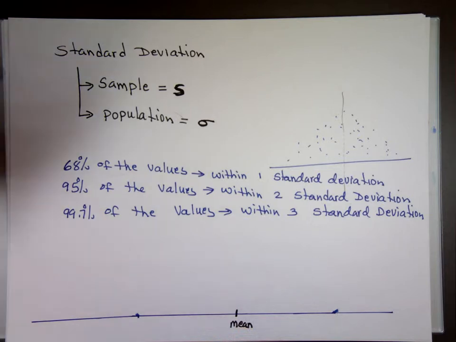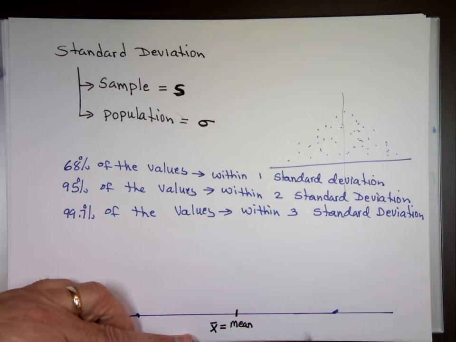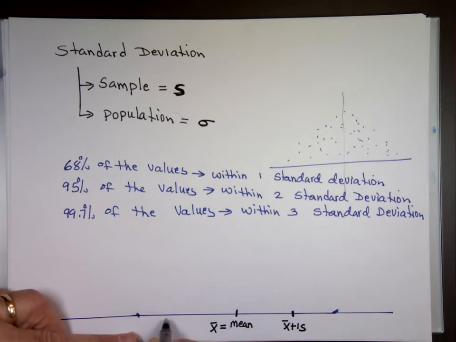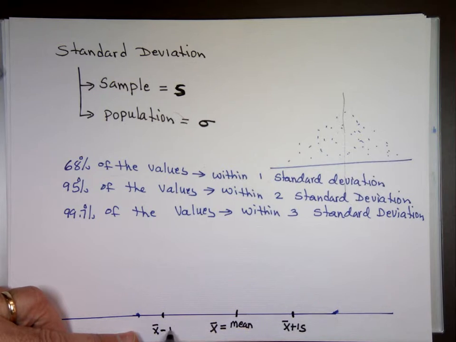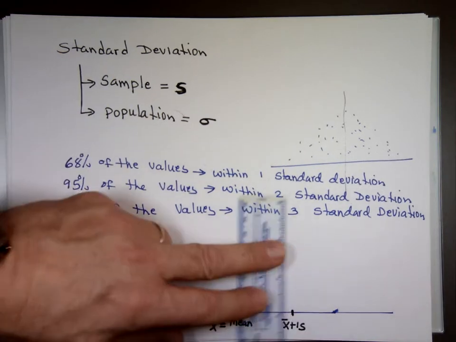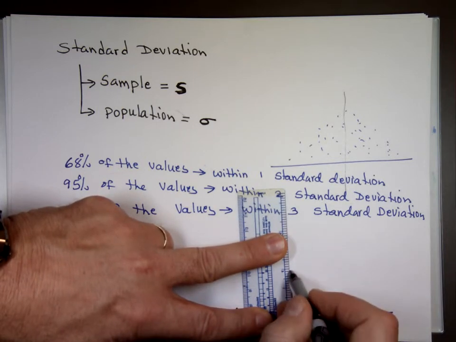So let's assume we're dealing with a sample here. We'll call it x bar. That's the mean. So 1 standard deviation, that's x bar plus s, 1s. And this is x bar minus 1s within 1 standard deviation. We have 68% of the people landing between these 2 numbers.